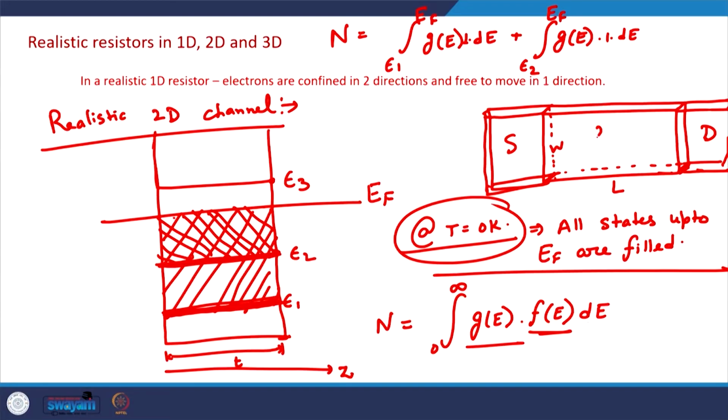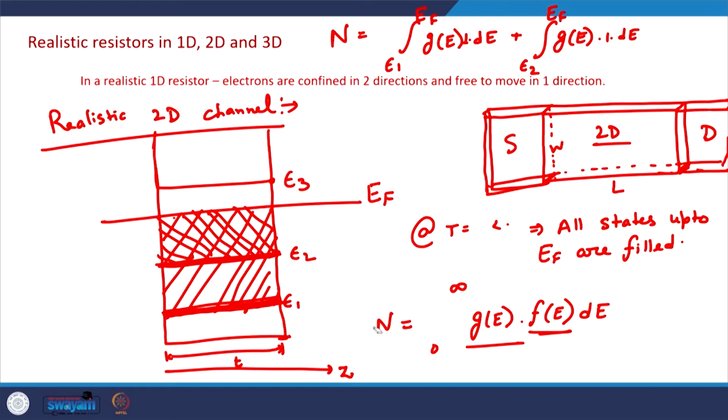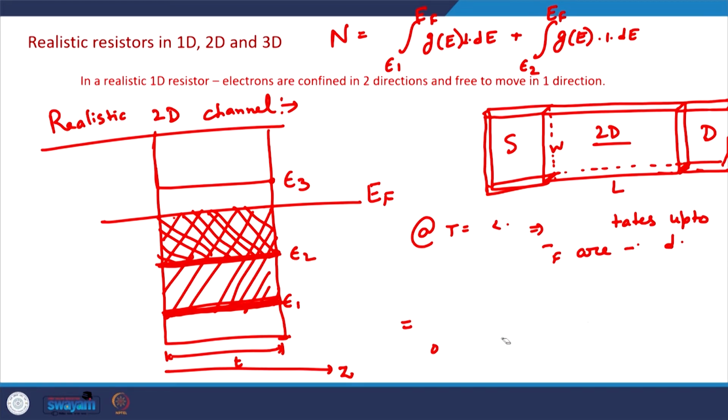Okay. So, similarly, this was the case of a practical 2D conductor, a real 2D conductor. Similar analysis will hold for a 1D conductor as well. In a 1D conductor, we will have confinement in two directions. So, the potential well will be in two directions and electrons are free to move in one direction.